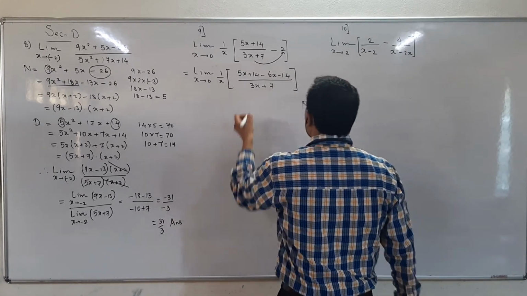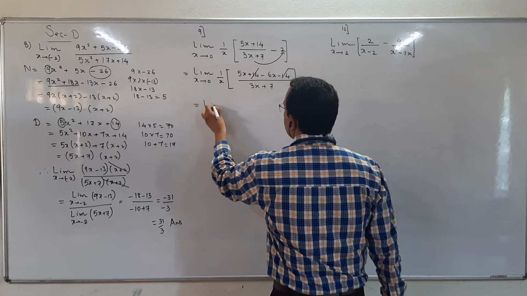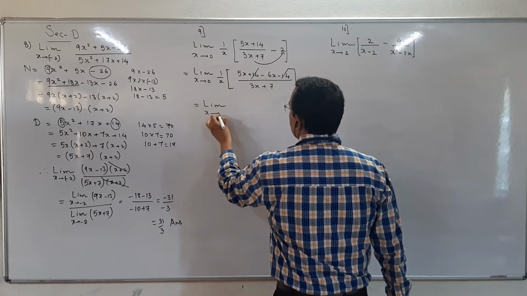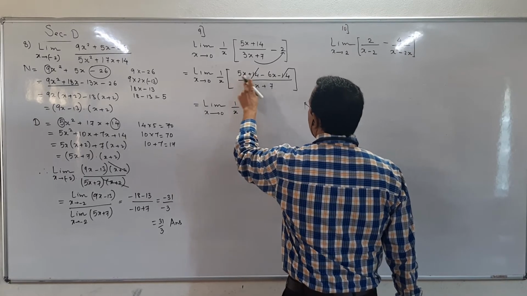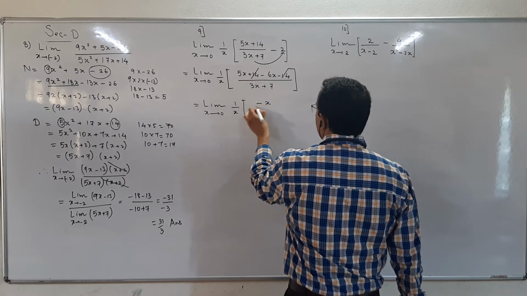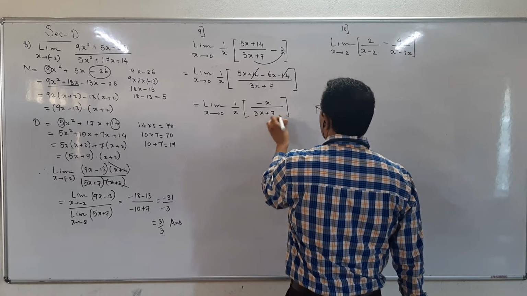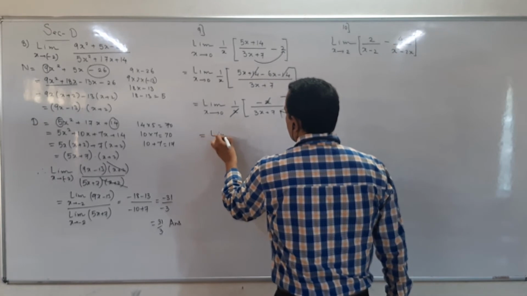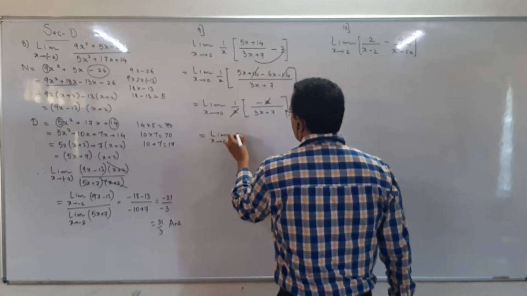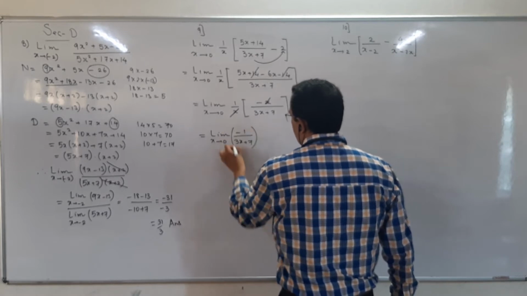So 14 and minus 14 gets cancelled. So this is limit x tends to 0, 1 by x into (5x - 6x) which is minus x, divided by (3x + 7). x and x gets cancelled. So limit x tends to 0, minus 1 upon (3x + 7).